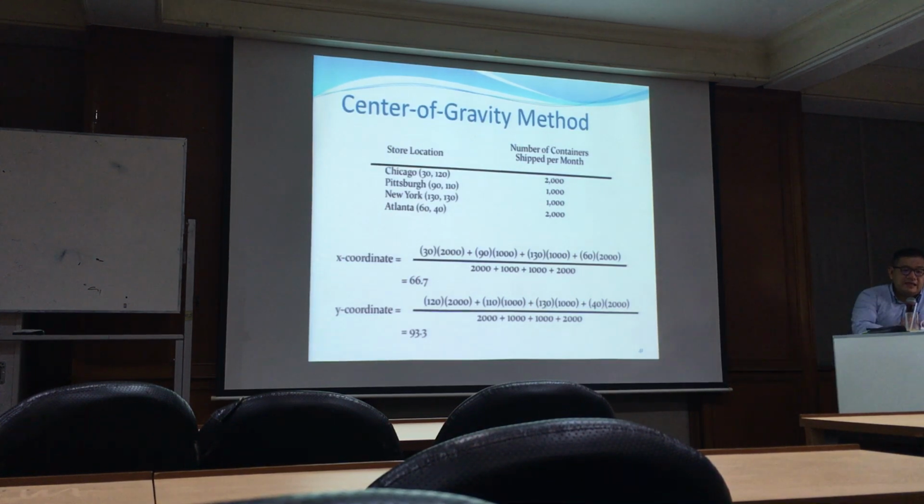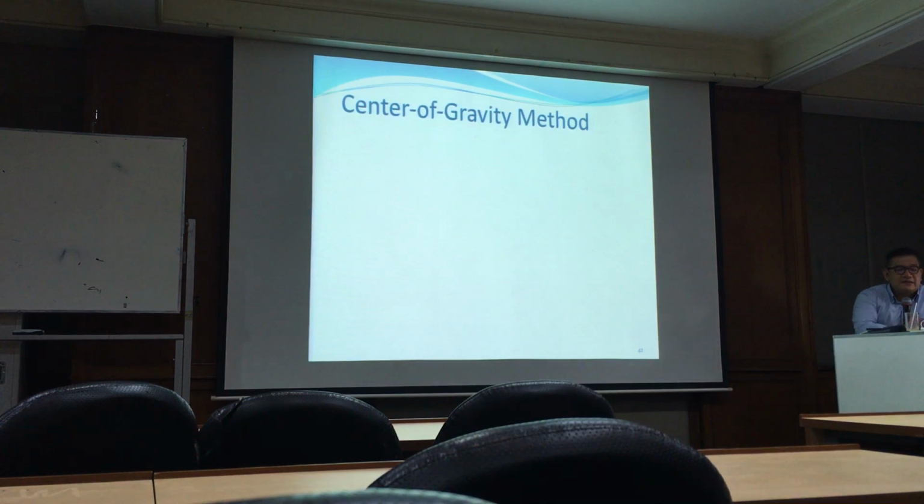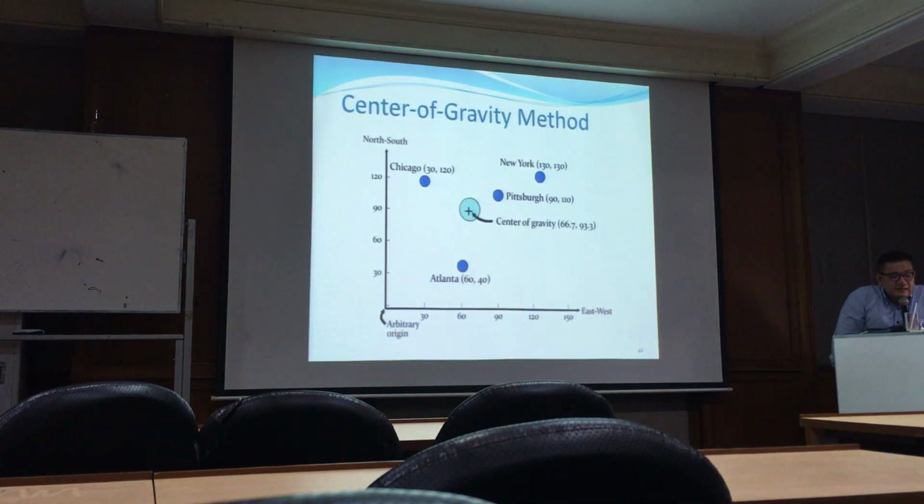Then you go back to the axes and spot the mark: the location at x equal to 66.7 and y equal to 93.3 is marked at that place. That position on the map or on the axes is going to be the suitable location where we set up the distribution center.